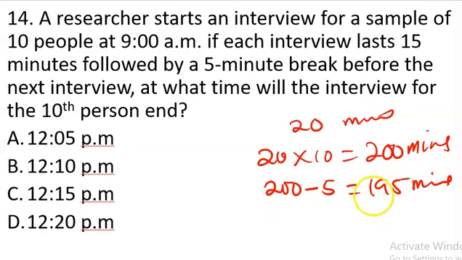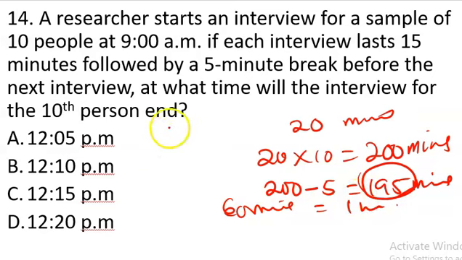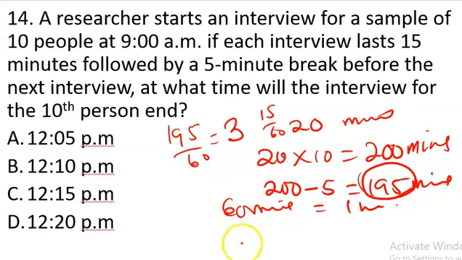Now we need to convert this to hours, because the time here is in hours. 1 hour is equal to 60 minutes. So to know the number of hours in 195, let's divide 195 by 60. We get 3 with a remainder of 15 out of 60, which means 3 hours 15 minutes.